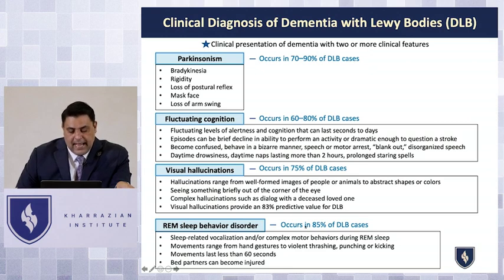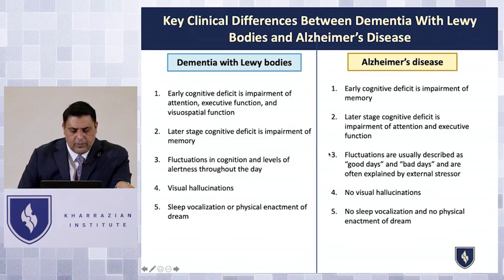and acting out, vocalization and movements and thrashing around in sleep is another major part of Lewy body dementia compared to Alzheimer's disease, and that rigidity and stiffness as well. And this was the chart we went over with the major differences that are involved with them. Okay, so with dementia with Lewy body disease, early cognitive deficit is impairment of attention, executive function, and visual spatial function.